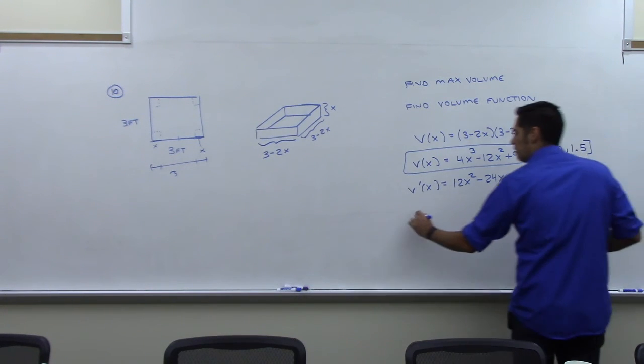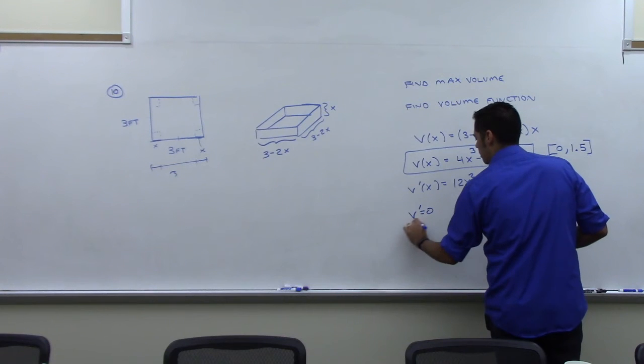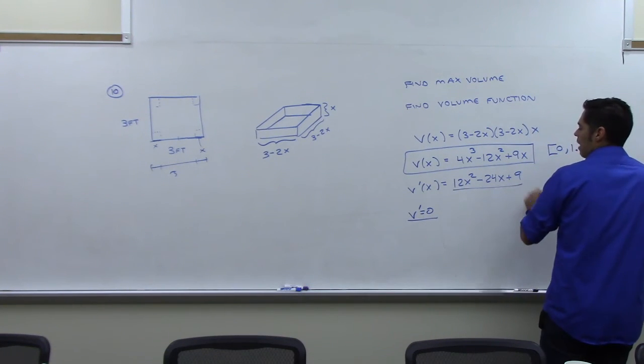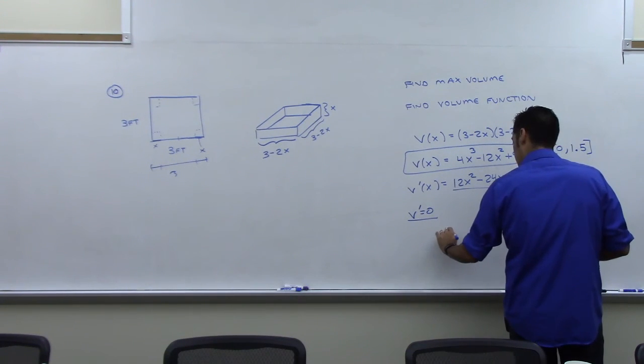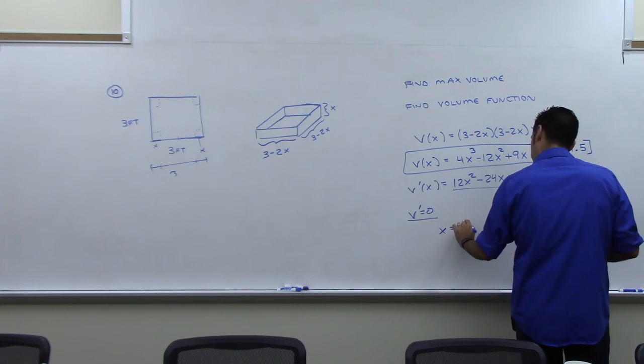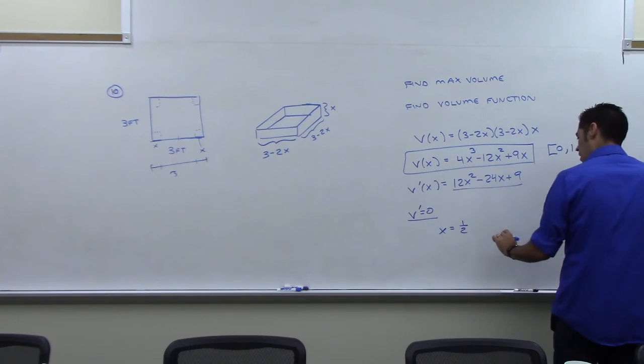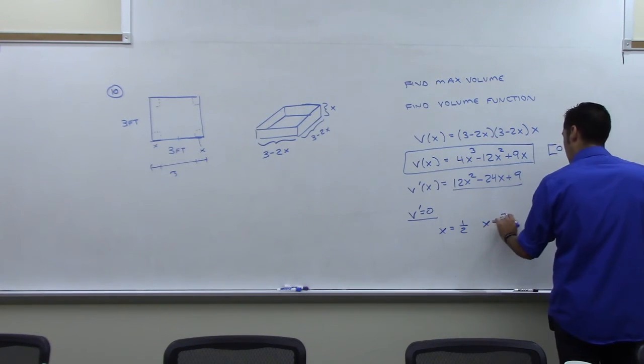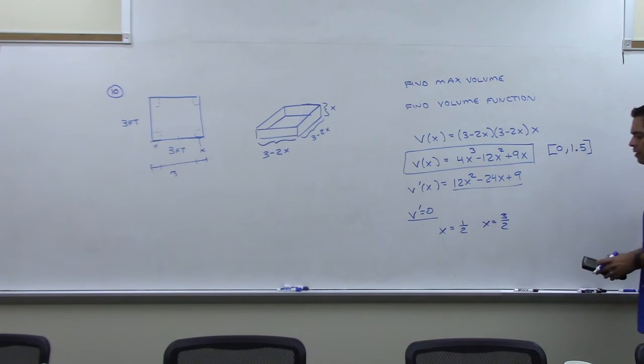So if I take the derivative and set it equal to 0, so take that quadratic, set it equal to 0, I'm just going to tell you what the answers are. You get 1/2, and you get 3/2. So 0.5 and 1.5.